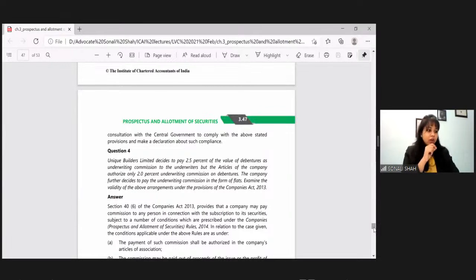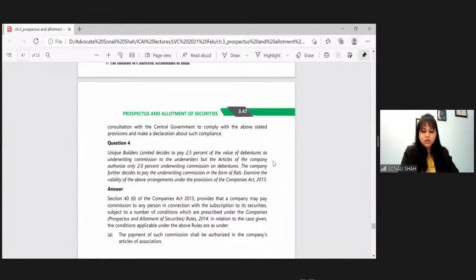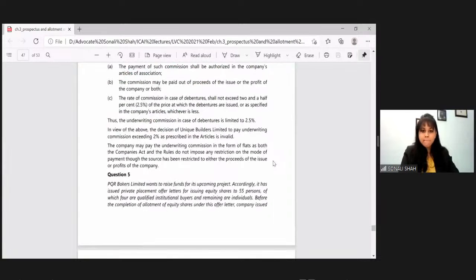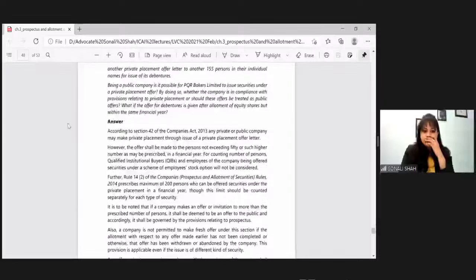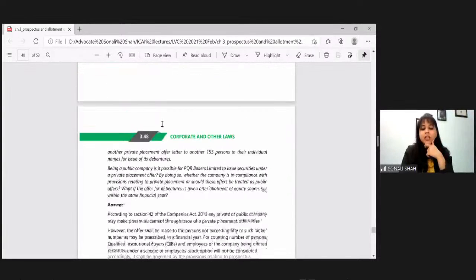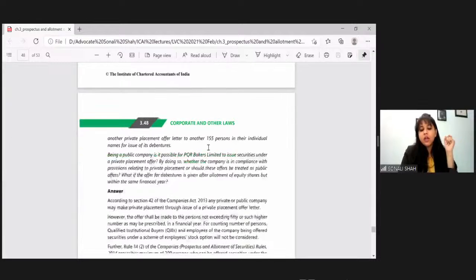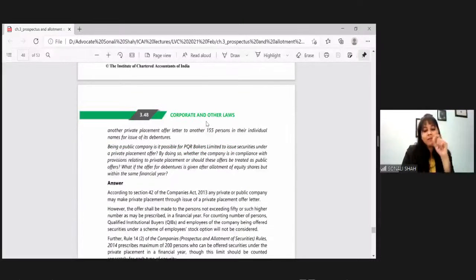Before the completion of allotment of equity share under this offer letter, the company issued another private placement offer letter to another 155 people in their individual names. Being a public company, is it possible for PQR Bakers to issue securities under private placement offer? By doing so, whether the company is in compliance with the provision? What if the offer for debenture is given after equity of shares?